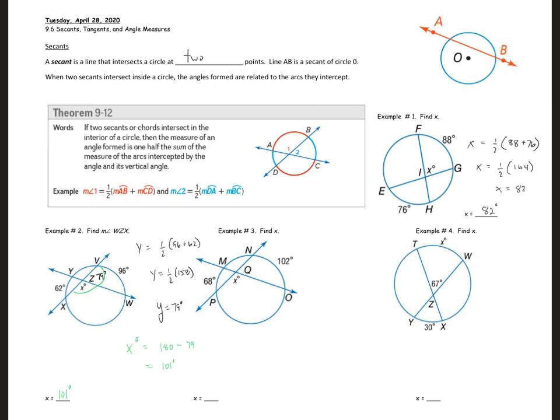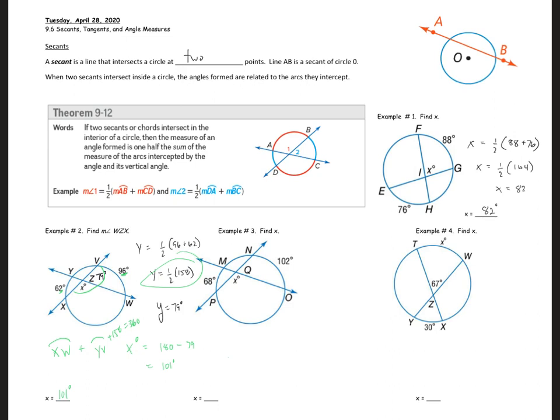You could have said, all right, well, I know that 96 and 62 is 158. So if those two angles add up to be 158, I could say, well, arc XW plus arc YV plus 158 has to equal 360.